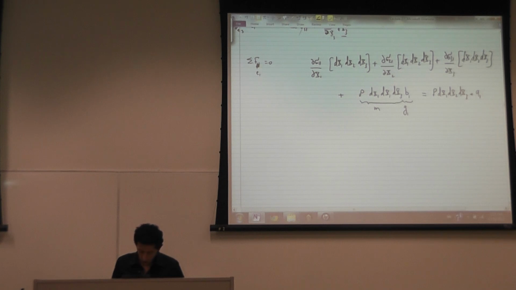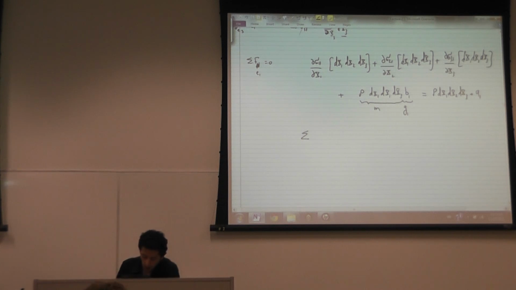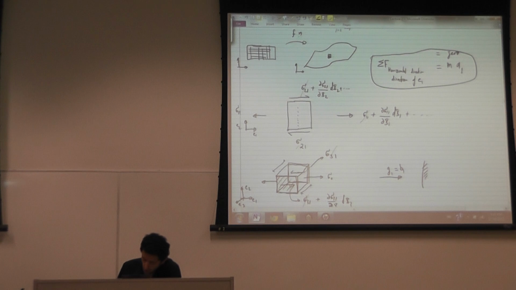If you repeat this for E1 and E2 and E3, you get the famous equation: partial sigma ji by partial xj. Oh, I'm sorry, all these should be small.